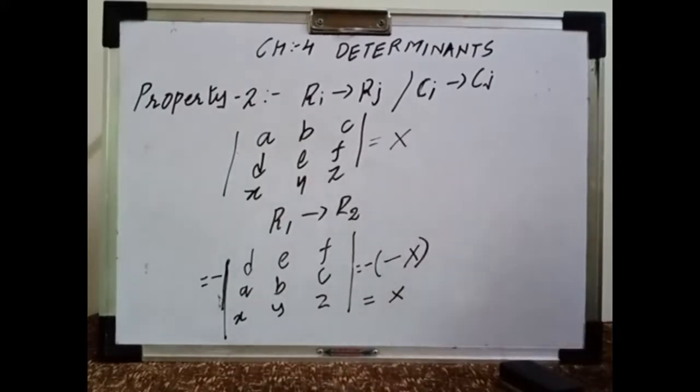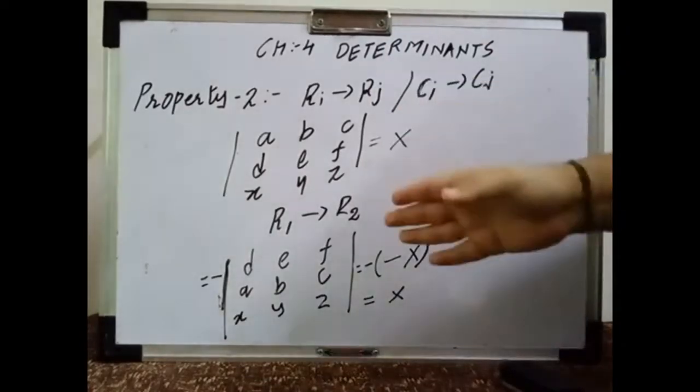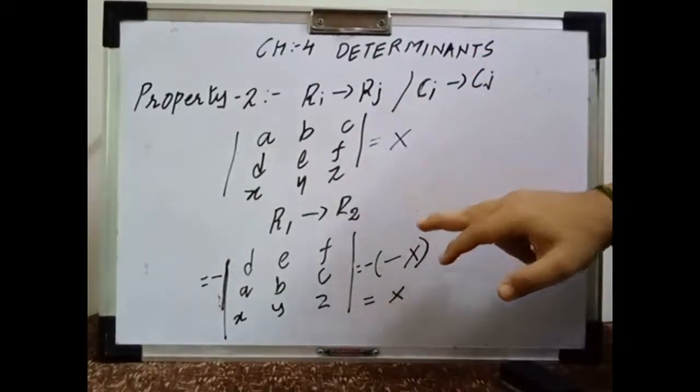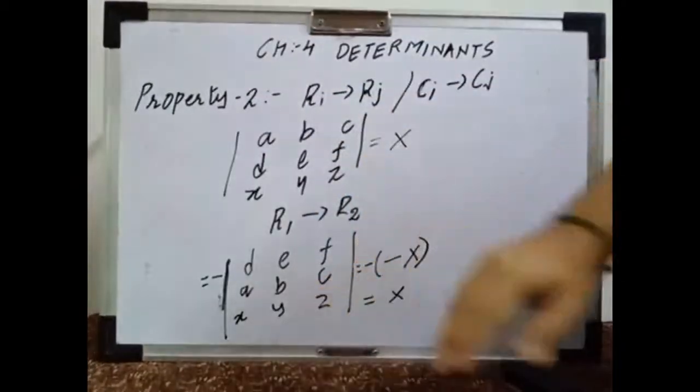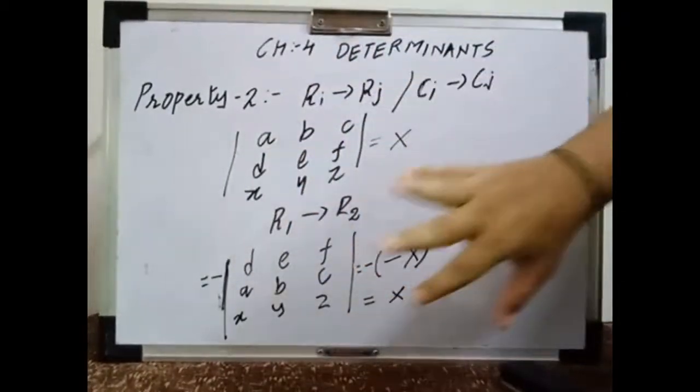So one thing you should keep in mind while applying this property is that you have to change the sign of the determinant. If it was plus, you make it minus, and if it is minus, you make it plus.